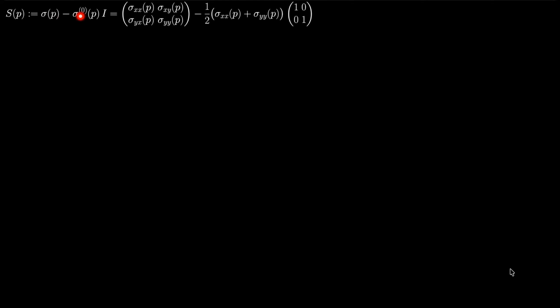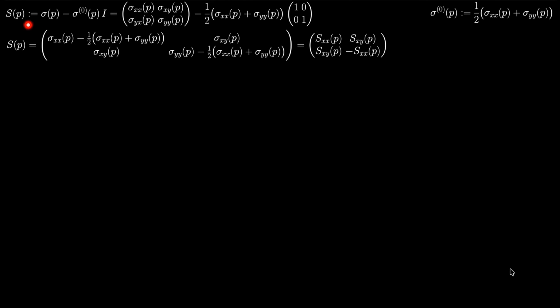So we're going to take the stress tensor sigma, and we're going to subtract this component, which is half of the trace multiplied by the identity matrix, from sigma, and that gives you this quantity S, defined as such. S is really the interesting part of the stress tensor, because the scalar component, this symmetric diagonal component, has been subtracted from it.